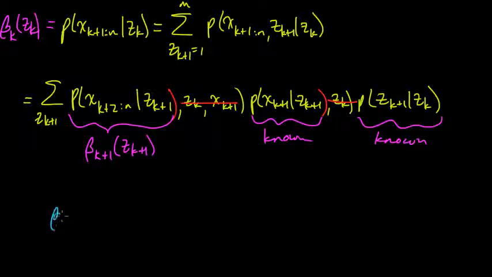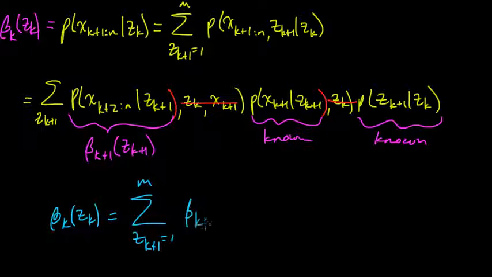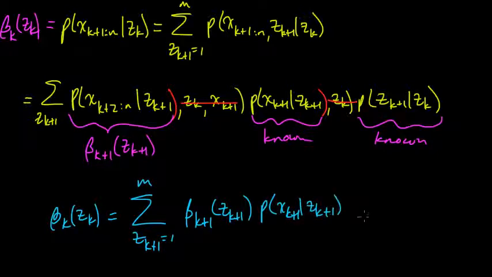We got beta k of zk equals the sum over zk plus 1 from 1 to m of beta k plus 1 of zk plus 1 times the emission probability, xk plus 1 given zk plus 1, times the transition probability, zk plus 1 given zk. Okay, and that's a beta, by the way, there. So make that a little clearer. That's a beta.